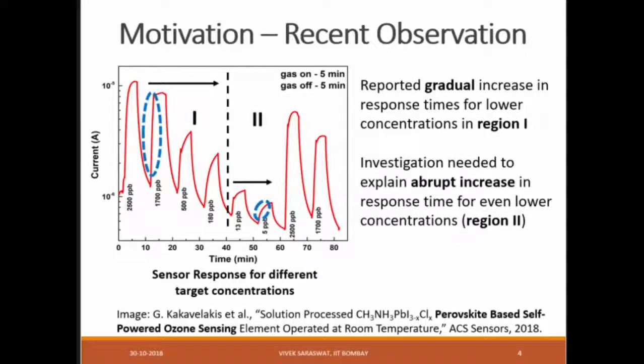There is a region above 180 ppb where there is a sharp rise in the response, and then for even lower concentrations this sharp rise is replaced by a very slowly rising curve. So there is an abrupt change in the scaling law with the concentration, and we wanted to study what might be the reason for this specific case of ozone.